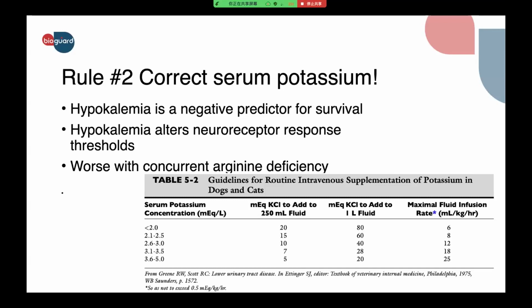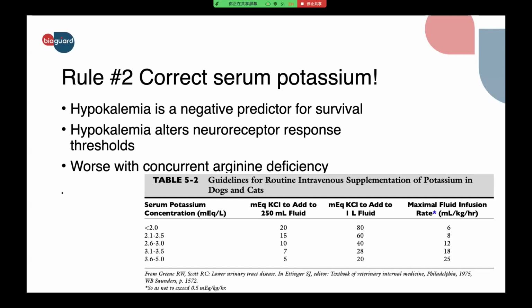So for this kind of case, I will just routinely give some potassium in the fluid, maybe not a big amount, maybe just 10 mEq in 1 liter of Ringer's solution for the infusion. Because we know this kind of case very often suffers from hypokalemia. And also we can check the clinical signs.